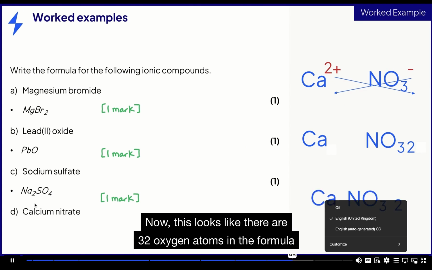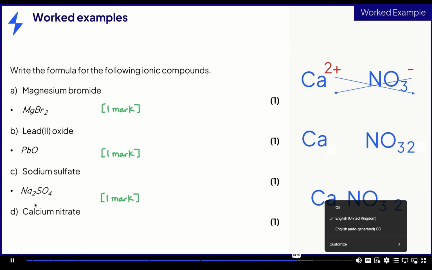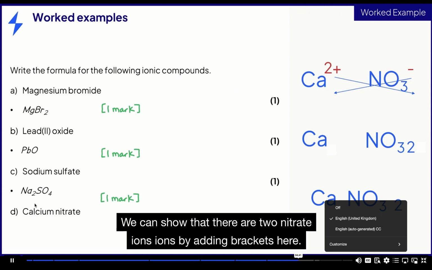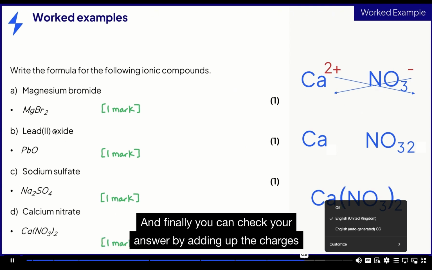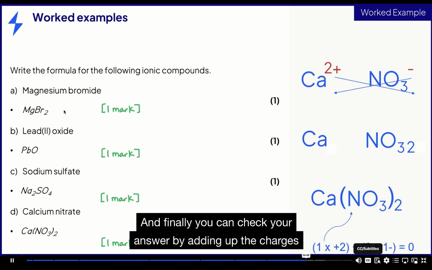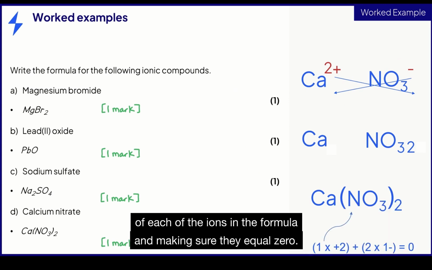Now this looks like there are 32 oxygen atoms in the formula, which is just not the case. We can show that there are 2 nitrate ions by adding brackets here. This again scores 1 mark. And finally, you can check your answer by adding up the charges of each of the ions in the formula and making sure they equal 0.